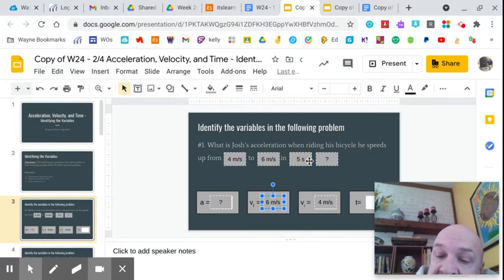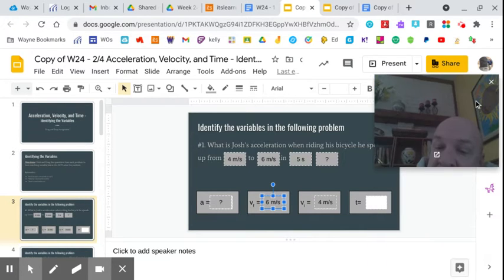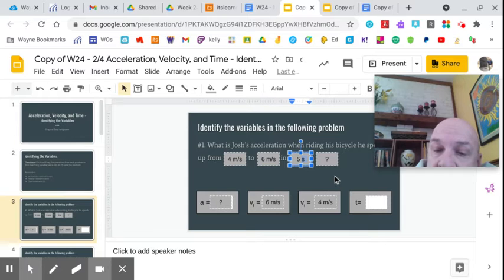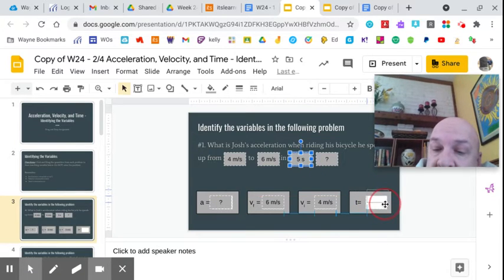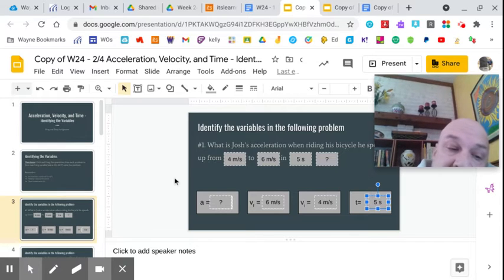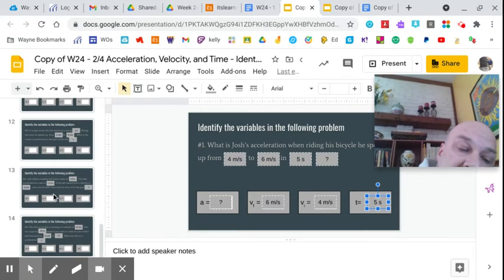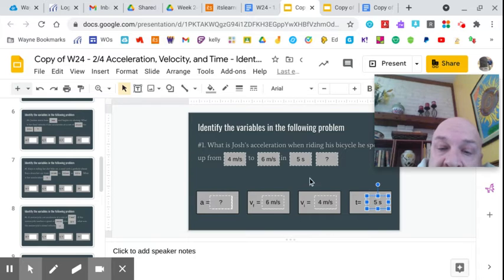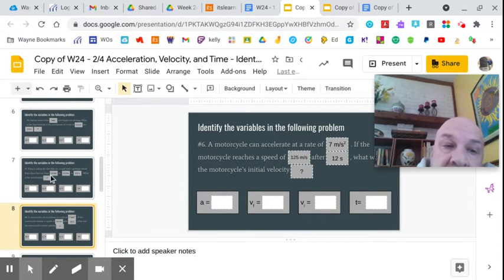And it was in 5 seconds. And again, let me just move me so I'm out of the way. So all you have to do is drag these things in the right spot. There are 9 more for you to do, and you literally just drag them into the right spot.